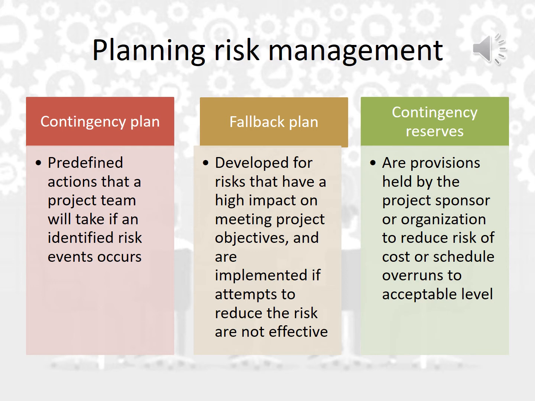So if the project team knows that the new release of a software package may not be available in time, the team might have a contingency plan or emergency plan to use the existing older copy of that software.